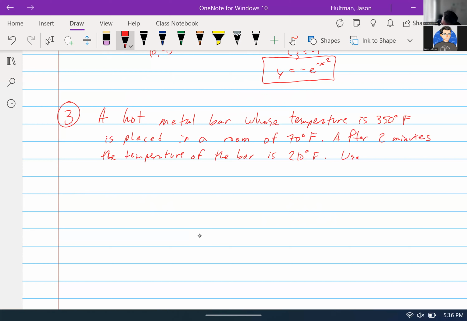Use Newton's law of cooling to determine the temperature of the bar after 4 minutes.